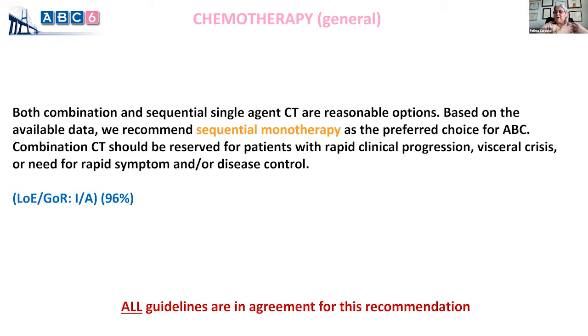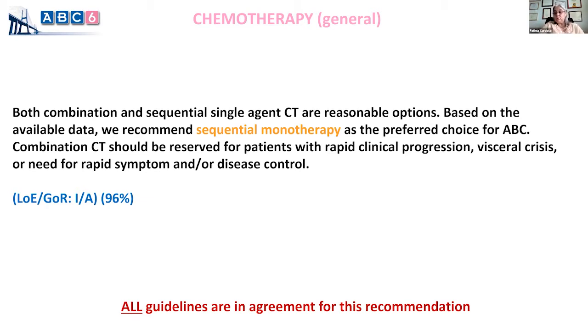And so for the vast majority of situations, what we recommend is to use one agent at a time. Also because that allows you to have more options. Like I told you in the beginning, it's so important to have different lines of treatment. So if you use all at the same time, you are out of options faster, right?